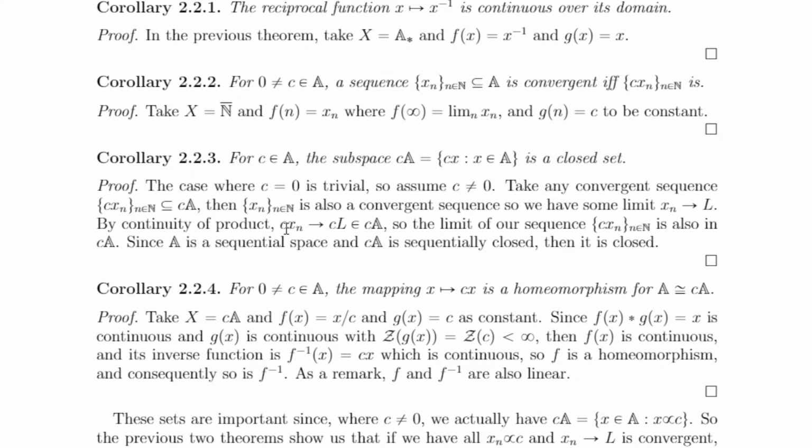And the proof for this is super straightforward. In the case c is 0, it's trivial, because if c is 0, then this will just be the set containing 0 and nothing else, which is super basic. In all of the other cases, though, for any other value of c, so if c is non-zero, in order to prove that this is a closed set, we will just prove that it's closed under sequential limits.